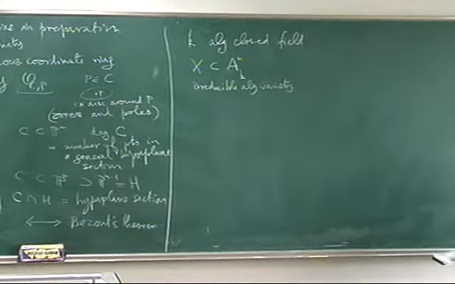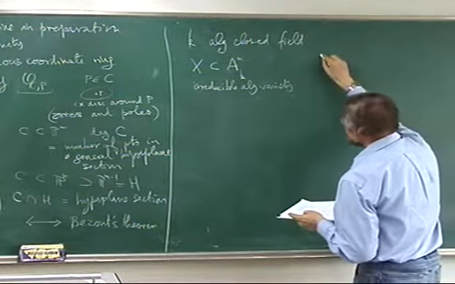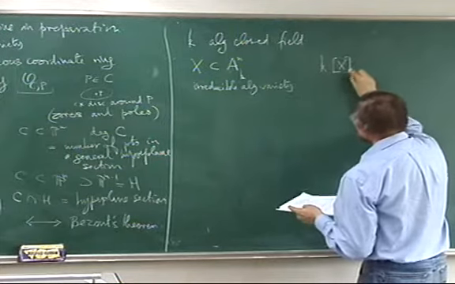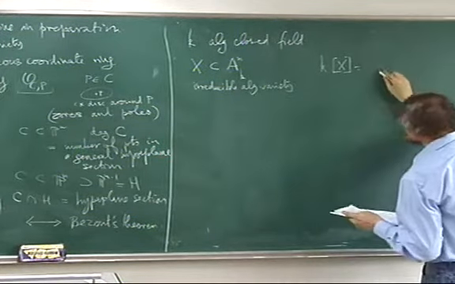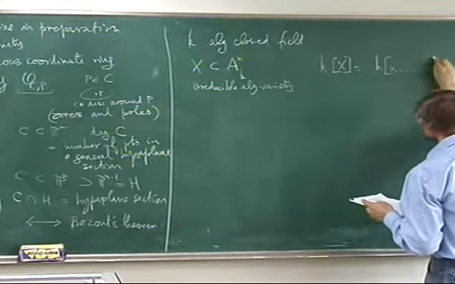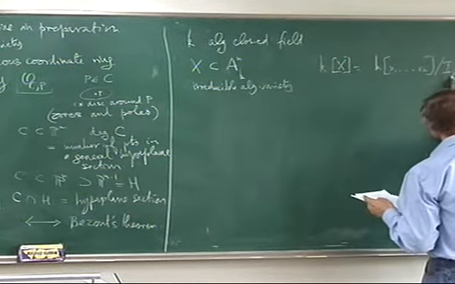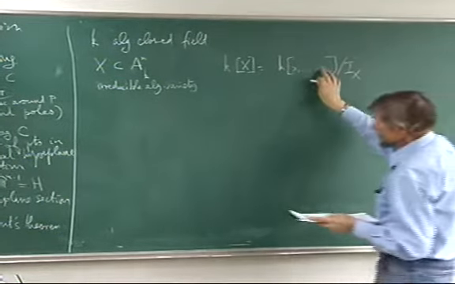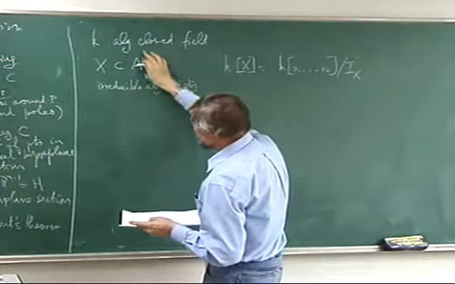Right. So the thing we immediately get from this is this ring, which is called k[X], which is k[x1, ..., xn] divided out by the ideal I(X). So x1 up to xn are coordinates on the space.